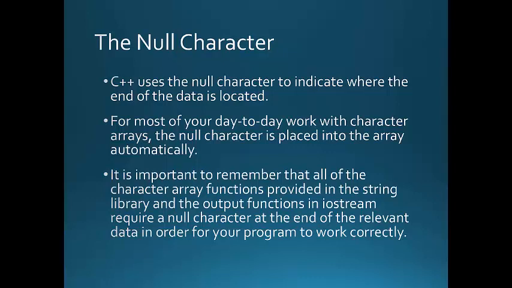So the null character is used to indicate where the end of the data is located. And for most of your day-to-day work with character arrays, the null character is placed into the array automatically. So when we initialize it with that string, C++ will put that null character in. It's important to remember that all the character array functions provided in the string library and the output functions in the IO stream require that null character at the end in order to work.